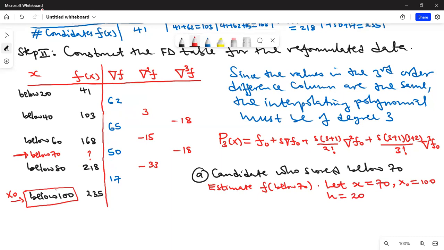And so therefore, the transformation, which is s, is equal to x minus x naught over h. That is 70 minus 100 over 20. And so that will give you negative 30 over 20, negative 3 over 2, which is negative 1.5.